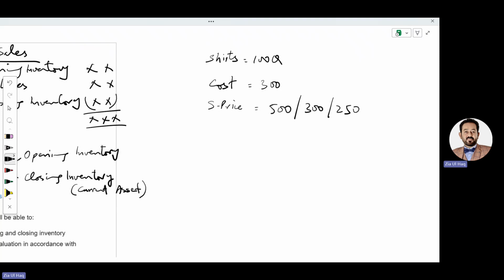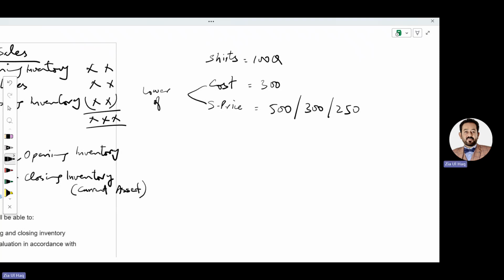How can we calculate the closing inventory figure? We should calculate the lower of cost and selling price. If we have 100 shirts, cost of one shirt is 300, its selling price is 500, and we should record inventory at the lower of cost or selling price.